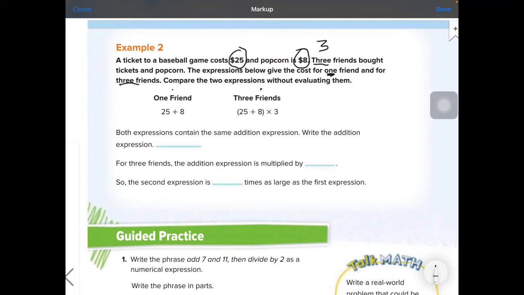Write the addition expression. Okay, they both have a 25 plus 8. For 3 friends, the addition expression is multiplied by, right here, there's our 3. So the second expression is 3 times larger than the first expression because we're multiplying it by 3.